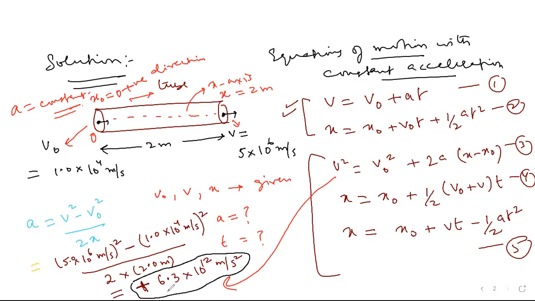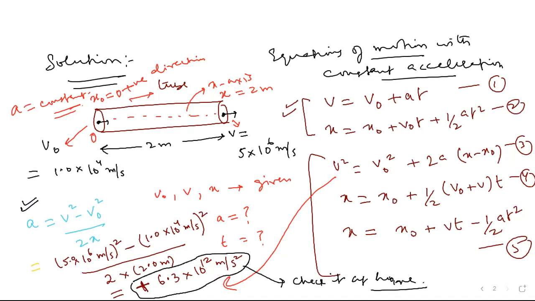Plus 6.3 into 10 raised to power 12 meter per second squared. As always, check this calculation at home. Check it at home, and enjoy the calculation.